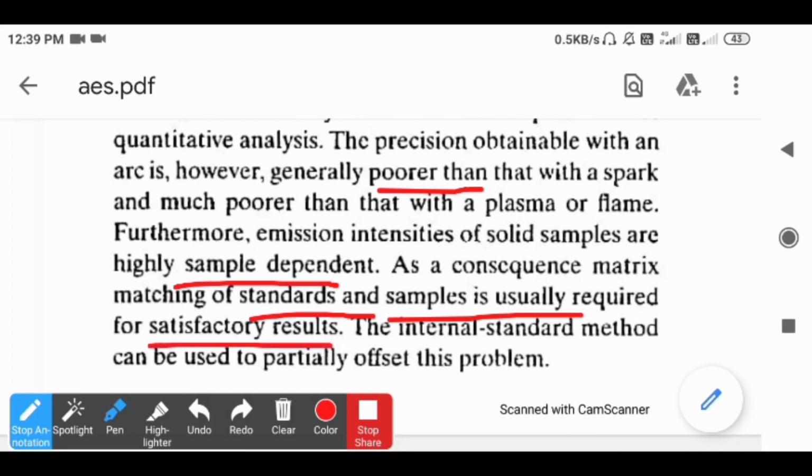Hence the internal standard method can partly be used for the elimination of this problem.